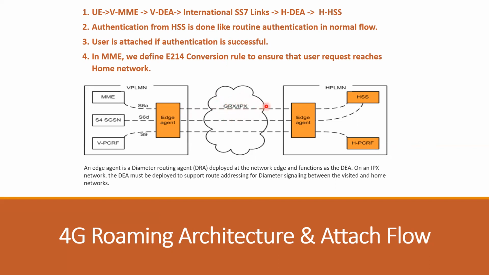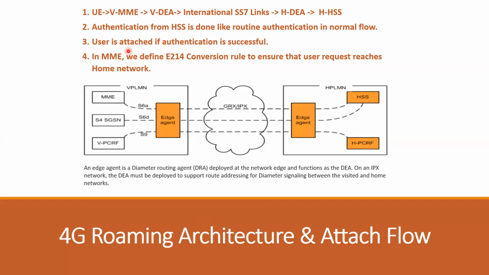And that is then going to route your request to your home DEA. And from home DEA, you have routing available, which is going to go towards your HSS. Right? So once your request reaches the HSS, authentication from HSS is done, like routine authentication. The user is attached if authentication is successful, and the response goes back to the visitor MME.